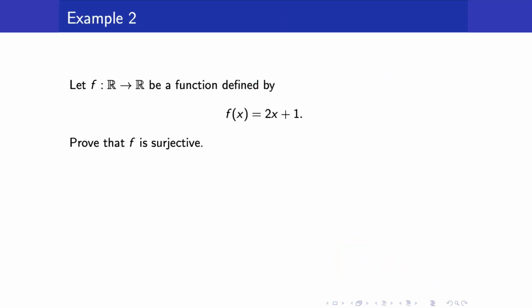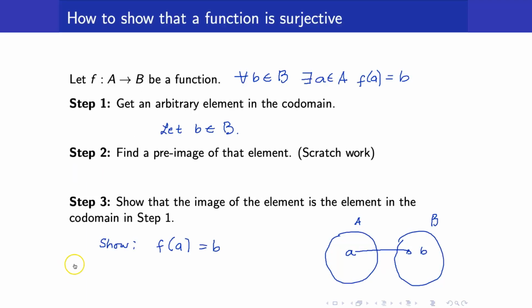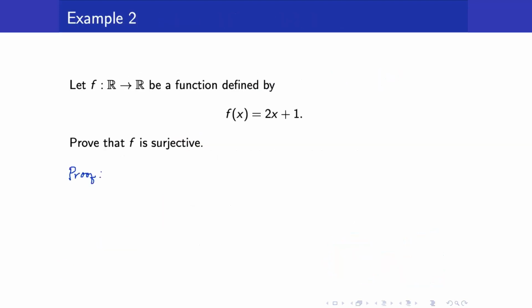So for example, let us show that this function is surjective. We already had this function when we were studying injective functions. This is a linear function that is one-to-one, and this is also surjective. So how do we give a formal proof of that? First, we start by getting an arbitrary element in the codomain, and our codomain is the set of real numbers.